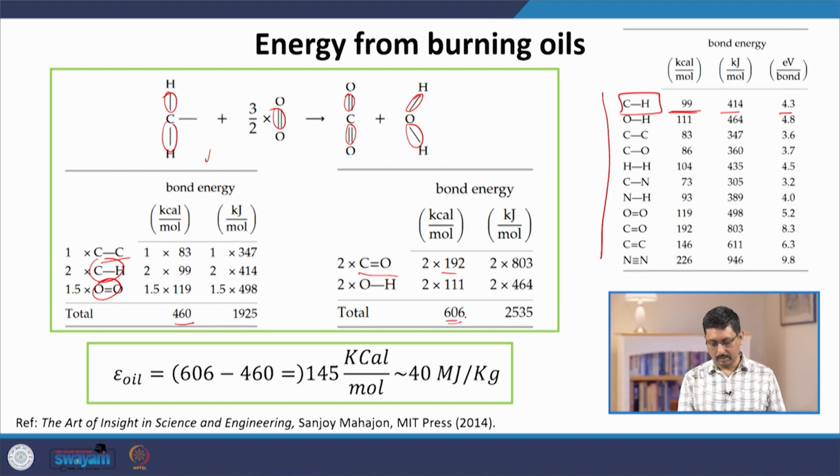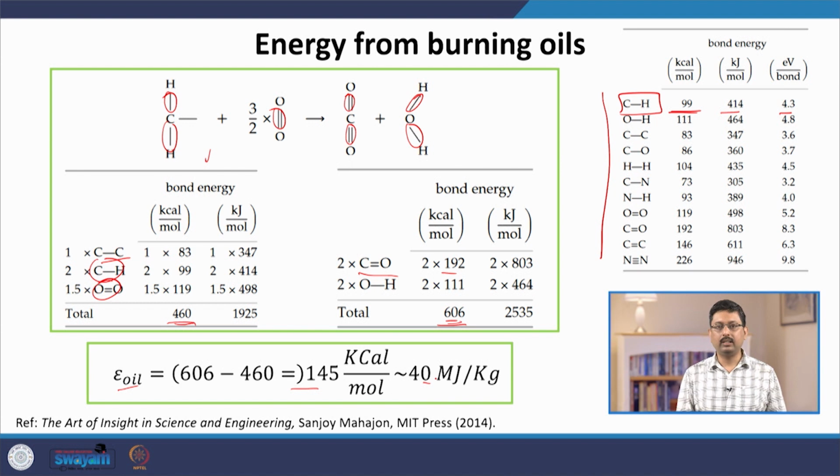You notice that the values before the reaction and after the reaction are not the same, and chemistry teaches you that this difference in energy is released as the chemical energy from the reaction.